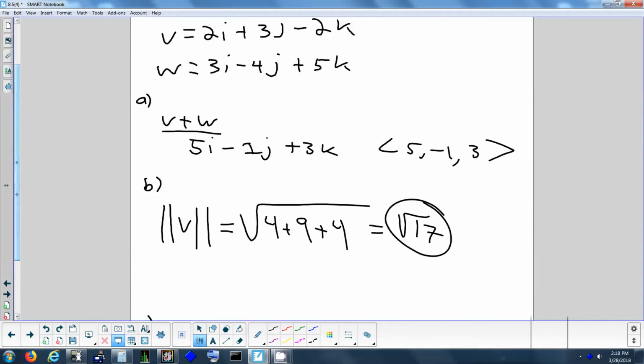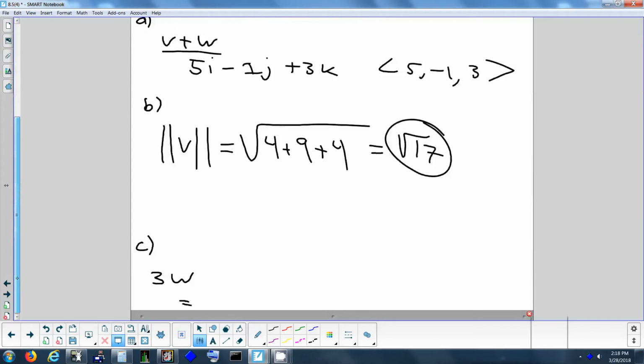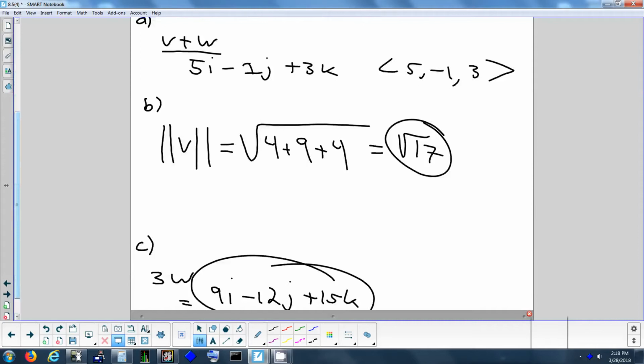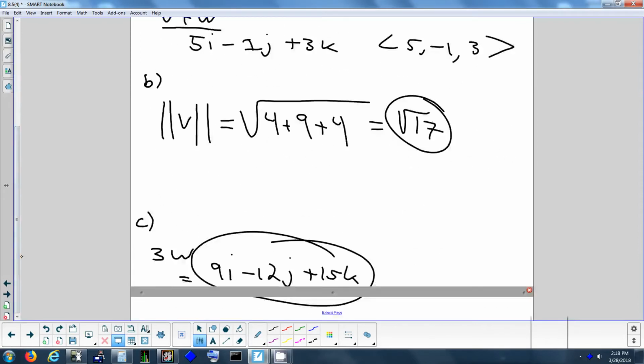Yep, go ahead. You can just tell me the whole thing with i, j, and k. 9i minus 12j plus 15k. Yep, looks good. Perfect. So that's a scalar product. Any questions on that?